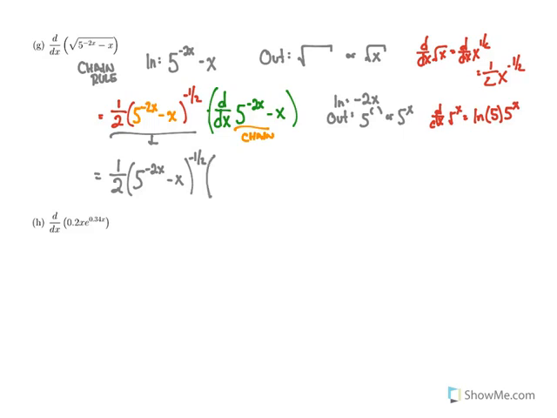And then times the derivative of 5 to the negative 2x, which is going to be natural log of 5 times 5, not to the x, but to the negative 2x, leaving the inside function alone, times the derivative of the inside function, negative 2x. And then let's not forget we have to do the minus x part, minus the derivative of x, which is minus 1.